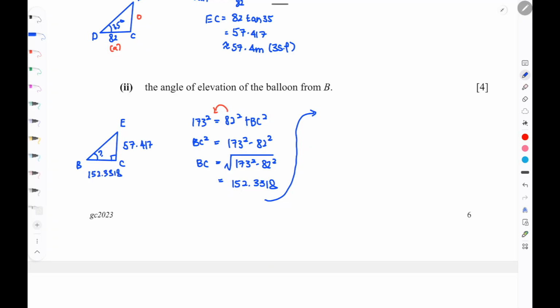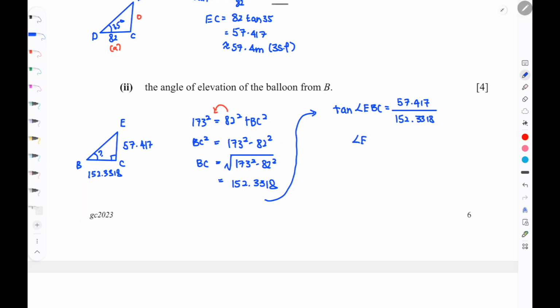Okay, so now I have my BC, which is 152.3318. I can use my TOA. I have my opposite, I have adjacent. Same thing, tangent, angle EBC equals 57.417 over 152.3318.